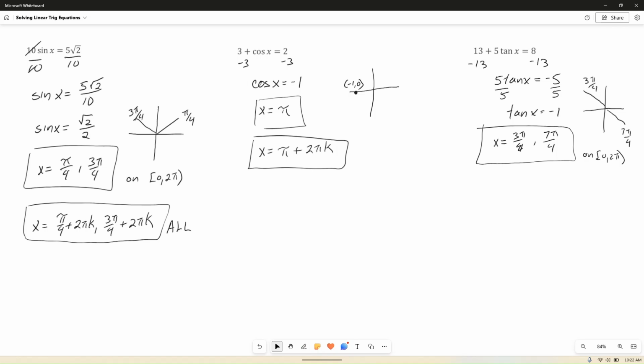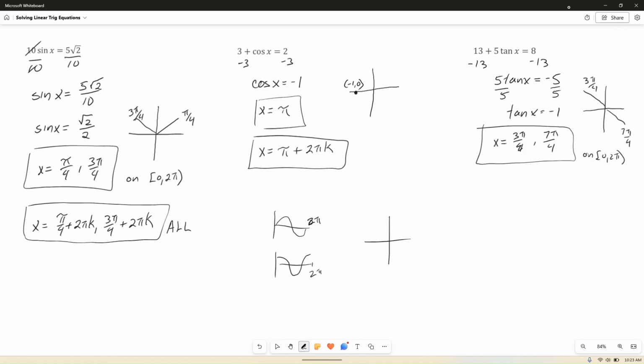So if we wanted to express the infinitely many, remember tangent's a little different with sine and cosine, right? When we look at our sine and cosine graphs, sine goes from 0 to 2 pi. Cosine also goes from 0 to 2 pi. But if you remember, tangent was a little different.